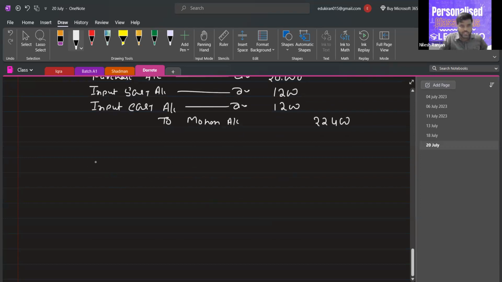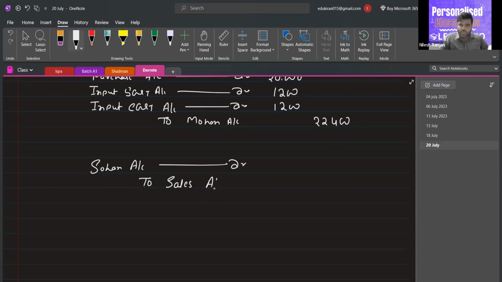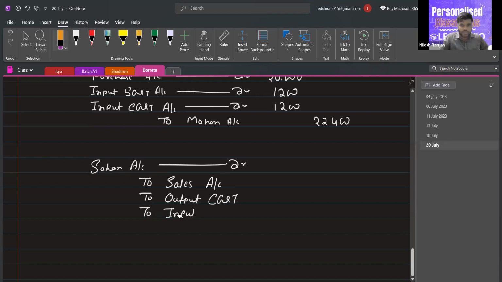Again, sales entry: sold goods to Sohan. He is also from Delhi. So Sohan account debit to sales, to output CGST and to output SGST.